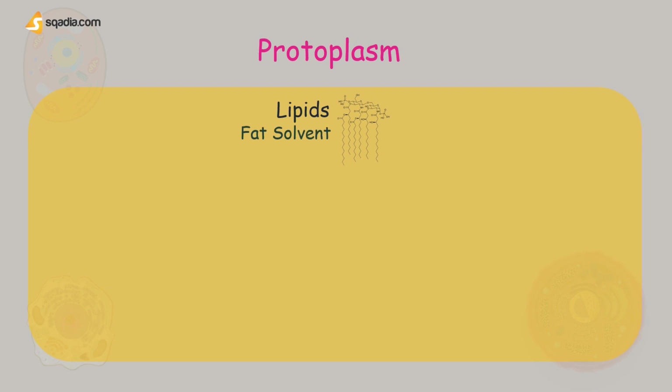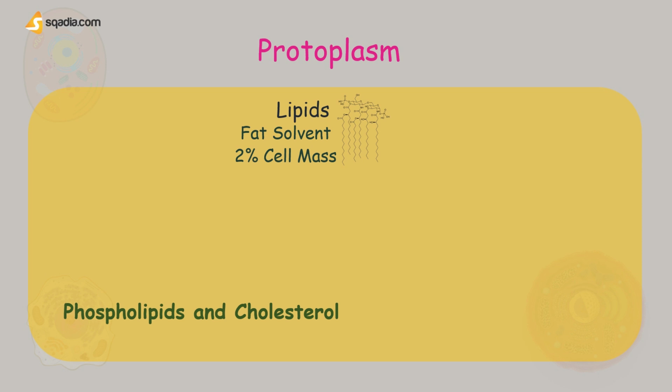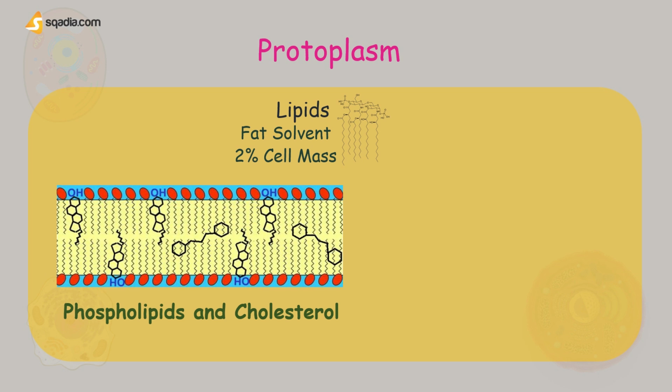Especially important lipids are phospholipids and cholesterol, which together constitute only about 2% of the total cell mass. Phospholipids and cholesterol are insoluble in water and therefore are used to form the cell membrane and intracellular membrane barriers that separate the different cell compartments.